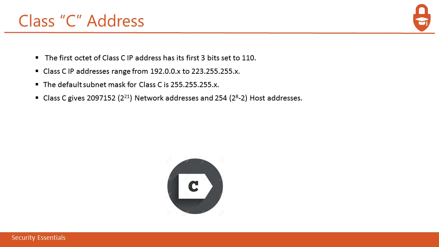So in Class C, IP addresses range from 192.0.0.x to 223.255.255.x. The default subnet mask for Class C is 255.255.255.x. Class C gives 2 to the 21st power network addresses, and 254 host addresses, that means 2 to the 8th power minus 2.